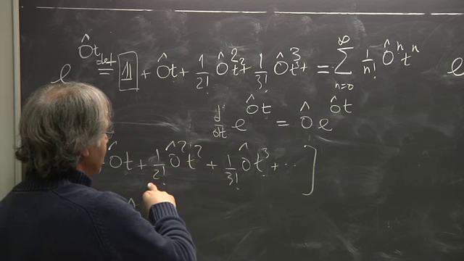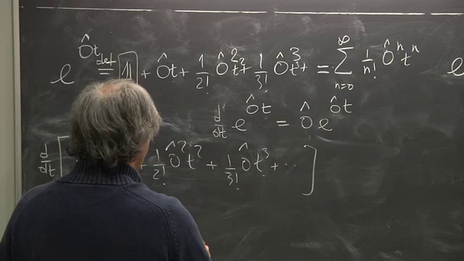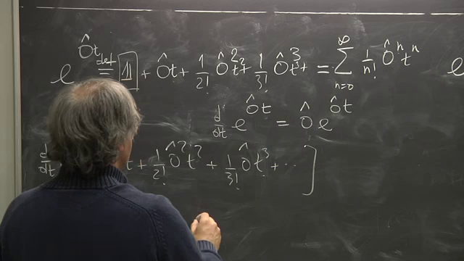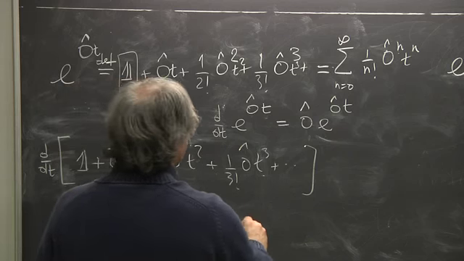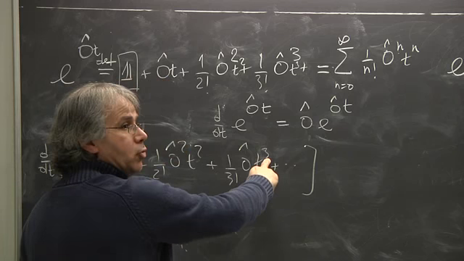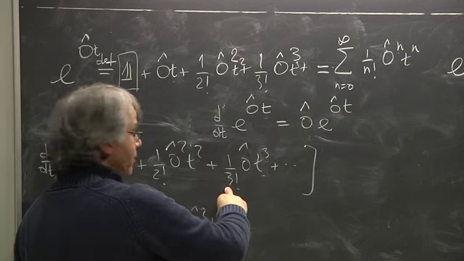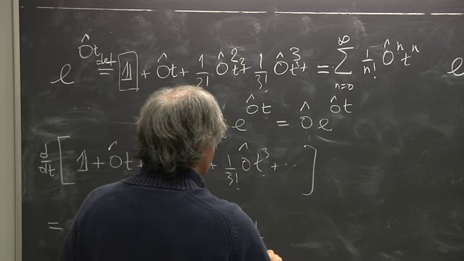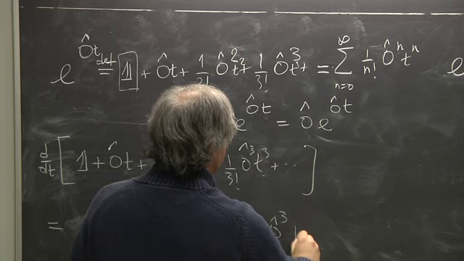So the 2 cancels a piece of this and becomes 1 over 1 factorial, or 1, O squared t. Plus derivative of t cubed is 3t squared. The 3 cancels a piece of this, and this remains 2 factorial. O cubed remains, and this becomes t squared.